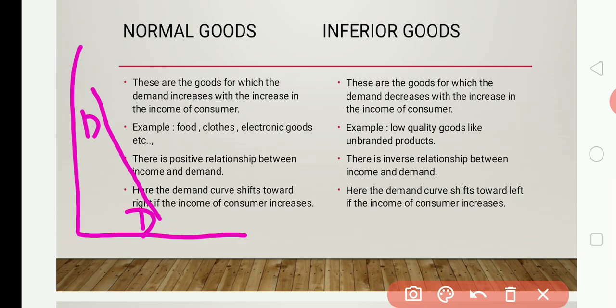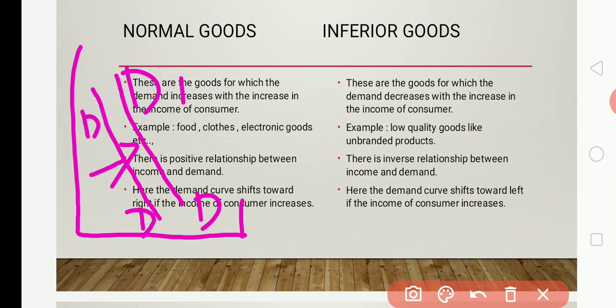Now for normal goods, the demand curve shifts rightward. From the original D to D1 it increases. So the demand curve shifts towards the right if the income of the consumer increases.